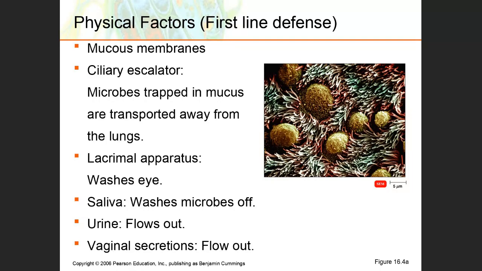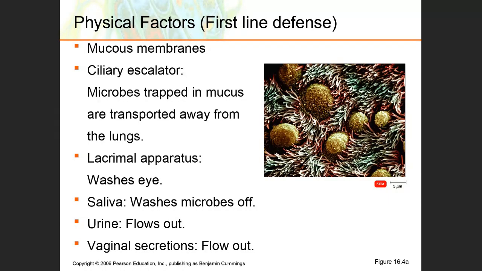Now your eyes. How many times a day do you stick your fingers in your eyes? People rub their eyes all the time, and you're rubbing bacteria and other microorganisms into your eyes, and yet you rarely get infections in your eyes. That's because you have tears, or lacrimal fluid, which helps to wash the eyes, and the tears also contain lysozyme, which we'll talk about in a moment, but that helps to destroy bacterial cell walls.